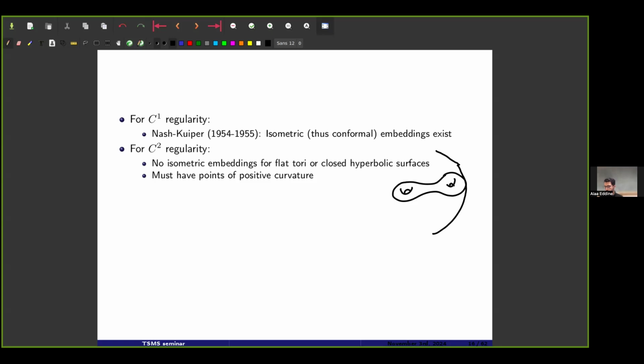This is just because you can find a sphere that contains the surface inside it and is tangent at some point. At this point of tangency, the curvature will be positive. So the problem is not as simple.